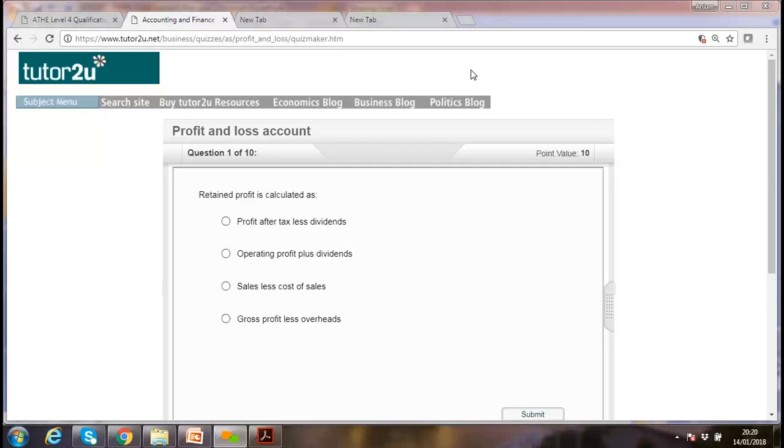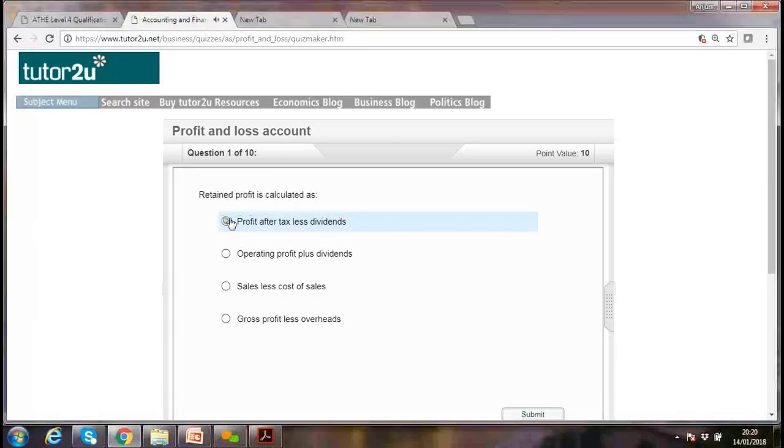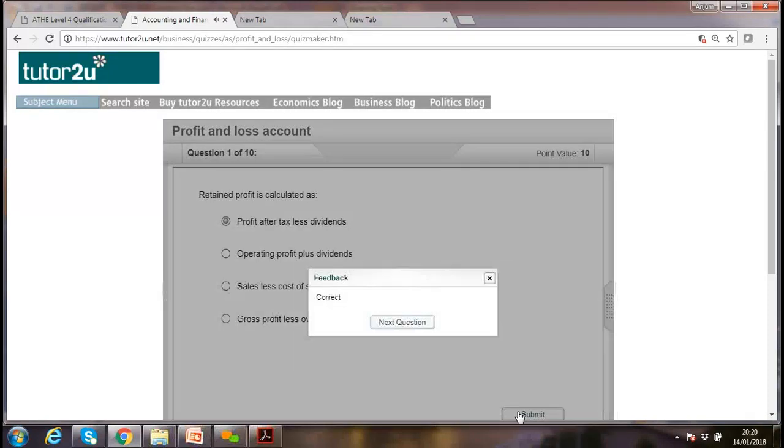Retained profit, the profit which we retain in a business, yes? After meeting all the expenses. Which one do you think is correct? A, B, C, D? A. Yes. Okay. Well done, correct.